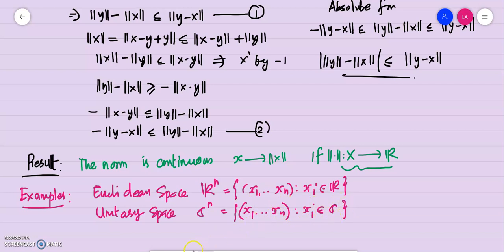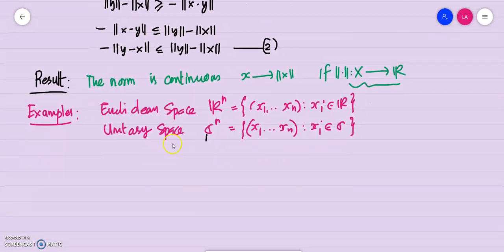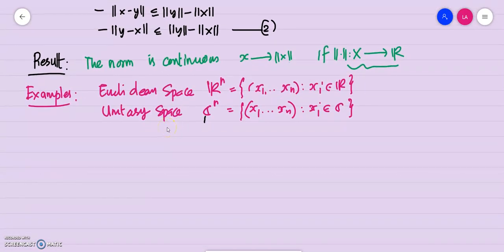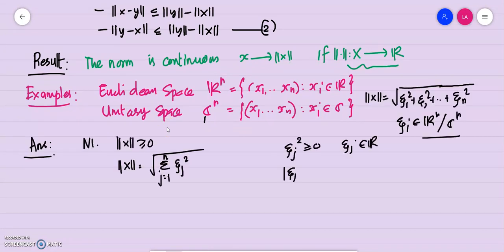Okay, so what we are going to establish is that we will prove that these two things are actually normed spaces. So they should satisfy the conditions which were defined for the norm. So this is what we are going to prove.